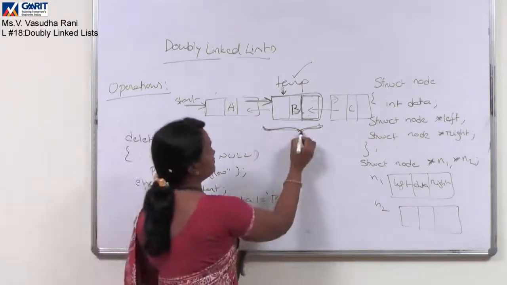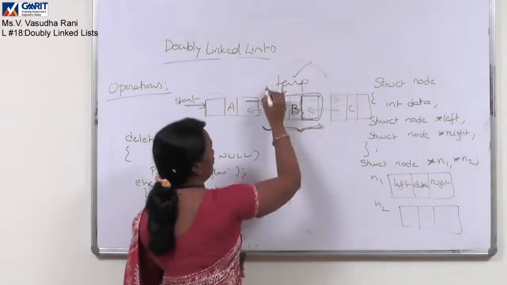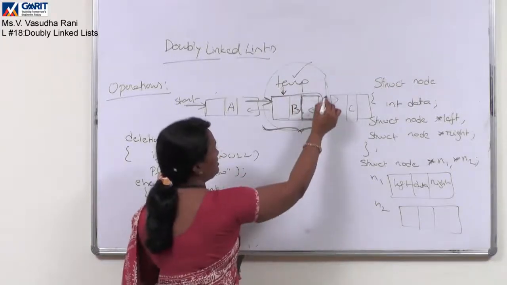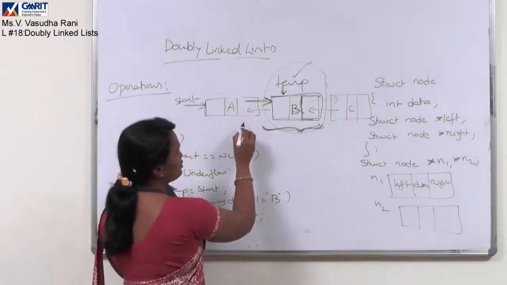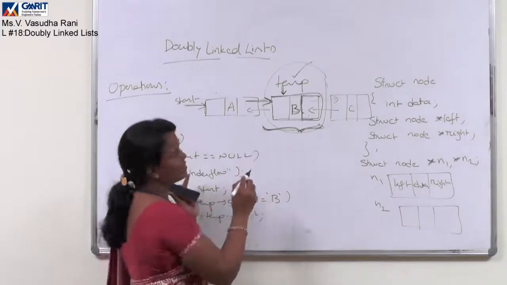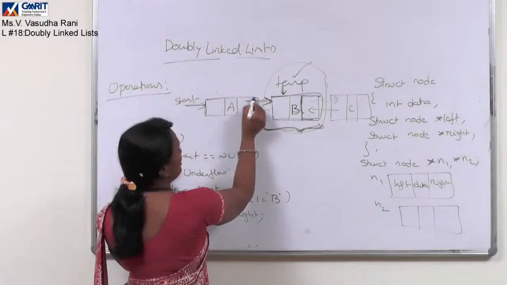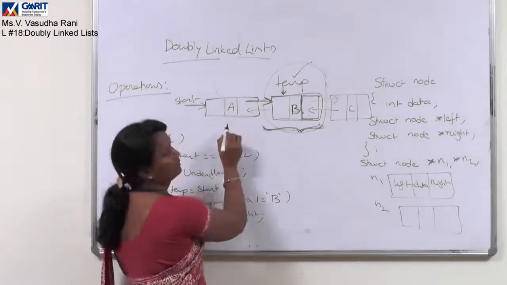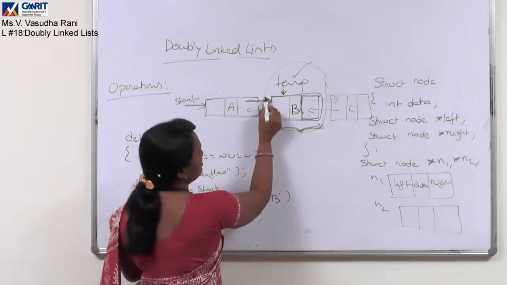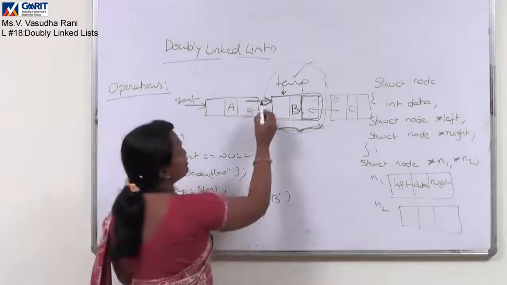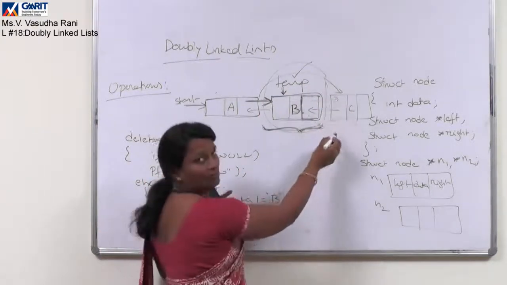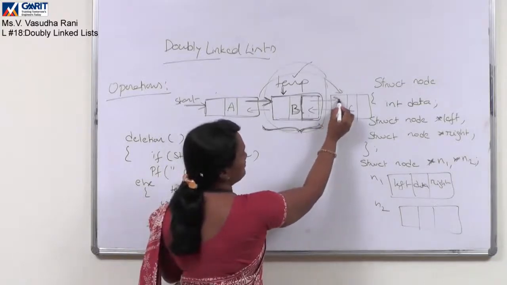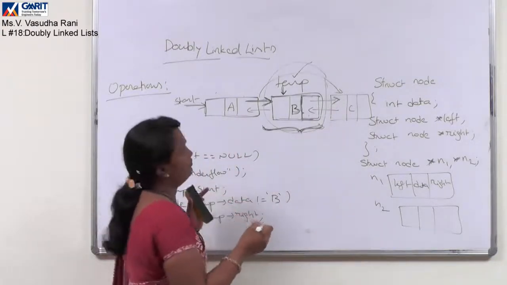So here, once you delete this particular node, the pointers are to be rearranged such that this previous node to temp, its right should link to this right node's left pointer.